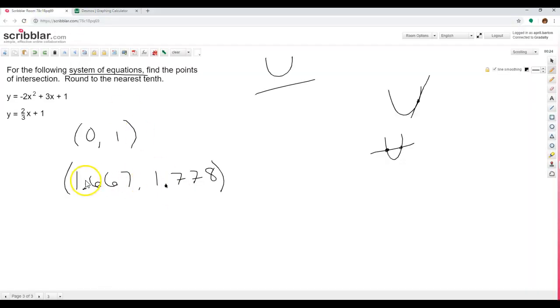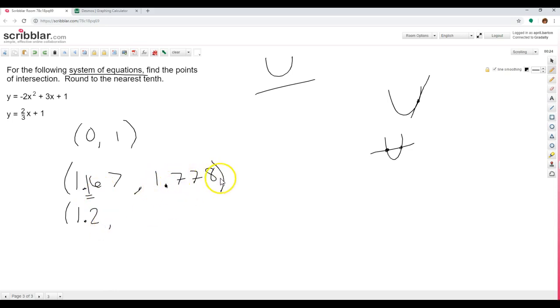Wanted to double check that. 1.167. But the question did state to round to the nearest tenth. So we want the first digit after the decimal. And we decide, is that going to stay a 1 or is it going to go up to a 2? Since the number next to it is a 6, this is going to round up to a 2.